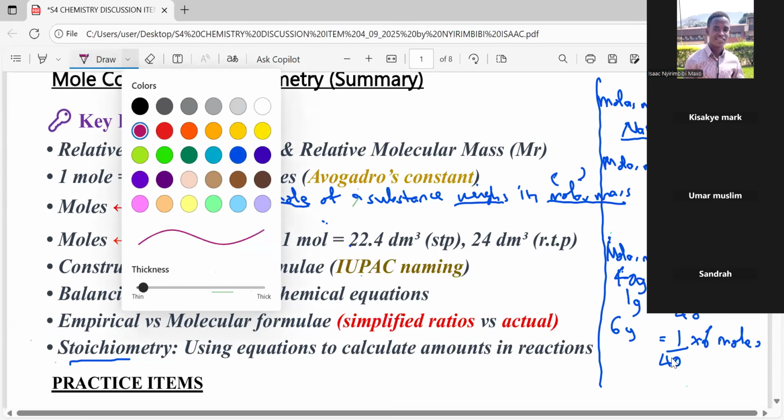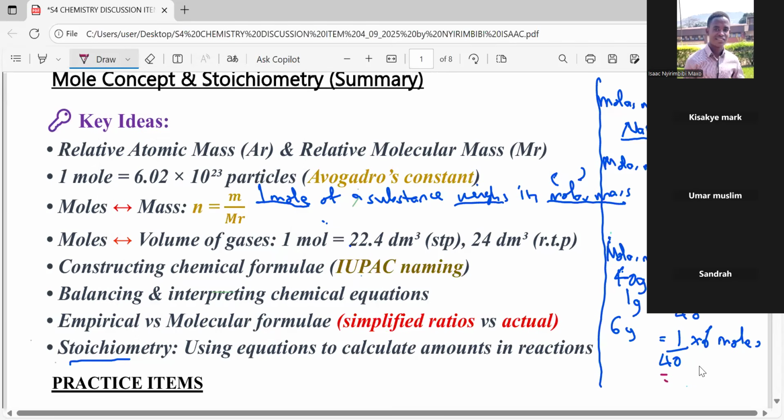Now, I just want to see whether we can see it very well. Here, the 6 is the mass which is given to us. The 40 is the molar mass. And what have we been calculating for? The moles.